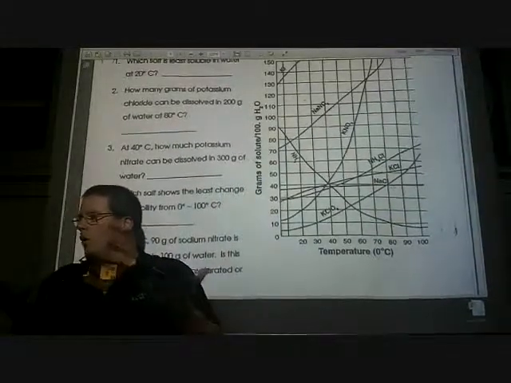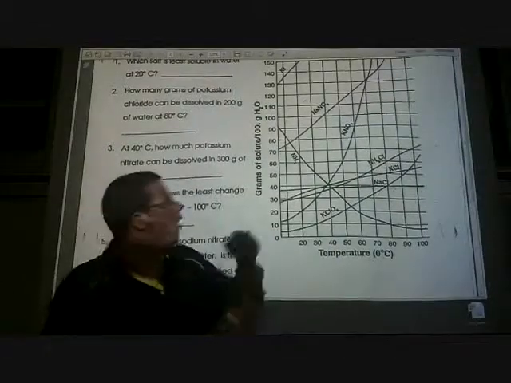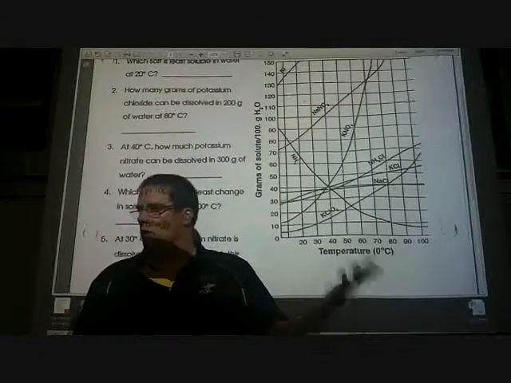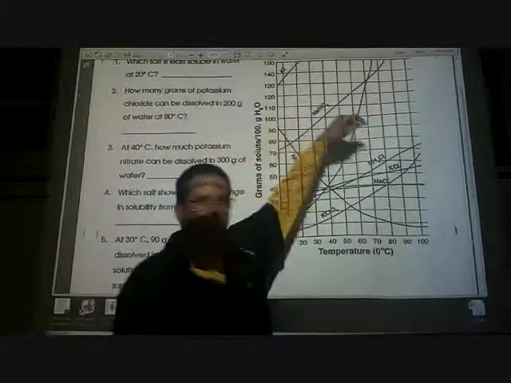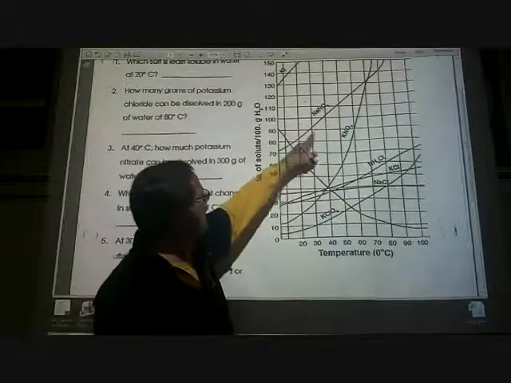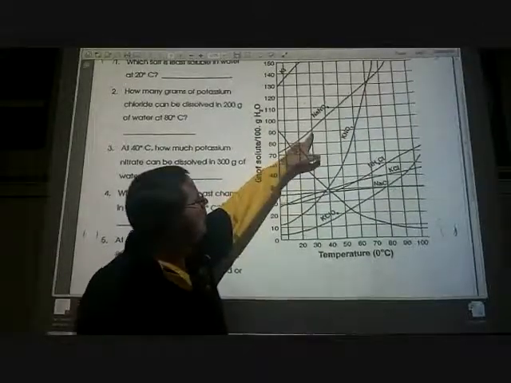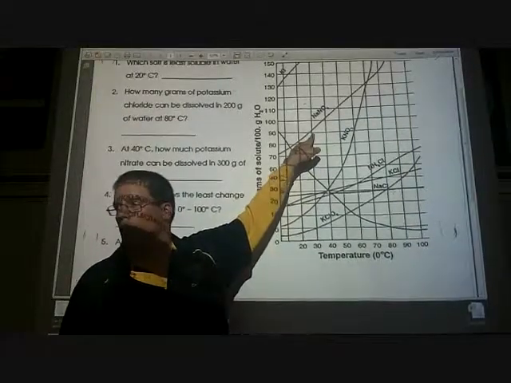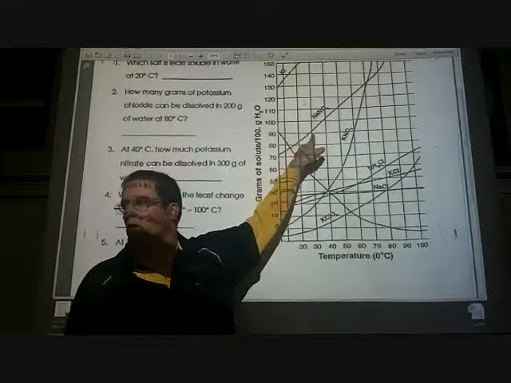Saturated. In other words, it can't dissolve anymore. So under the curve is unsaturated. If we have 90 grams at 30 degrees, have we hit the curve yet for that temperature? No. So this is unsaturated.